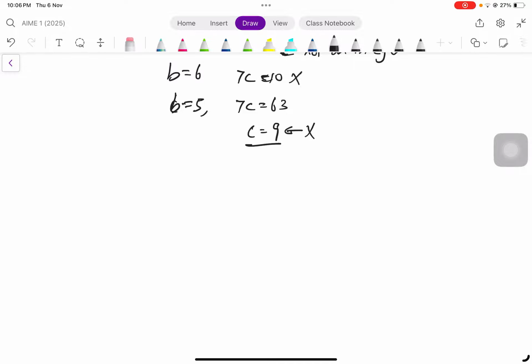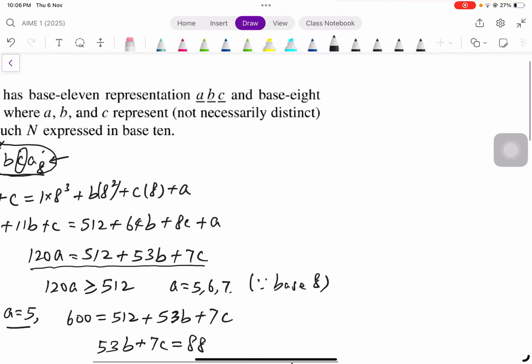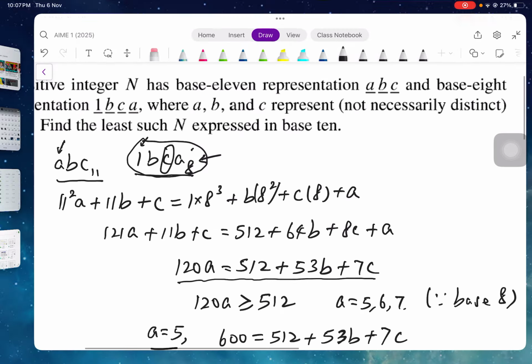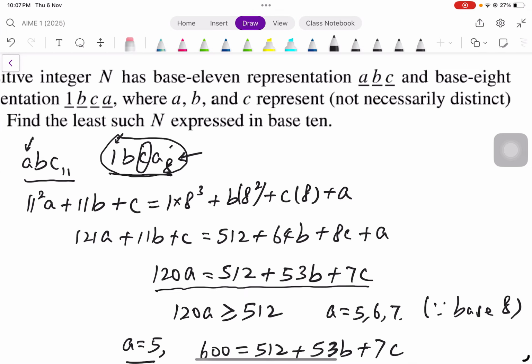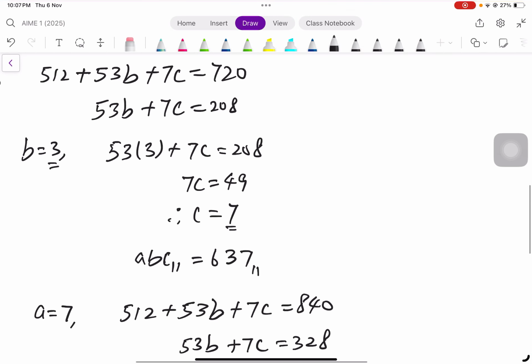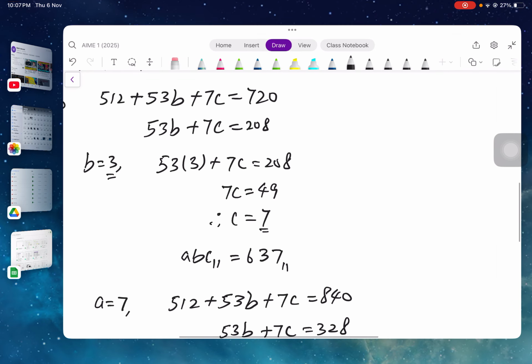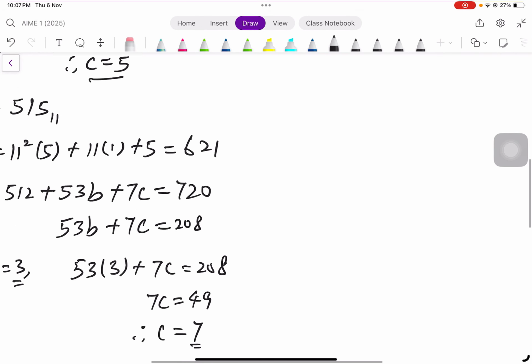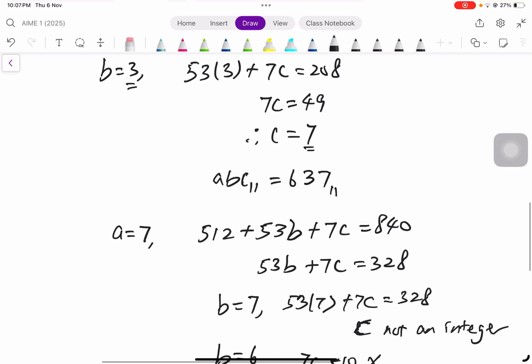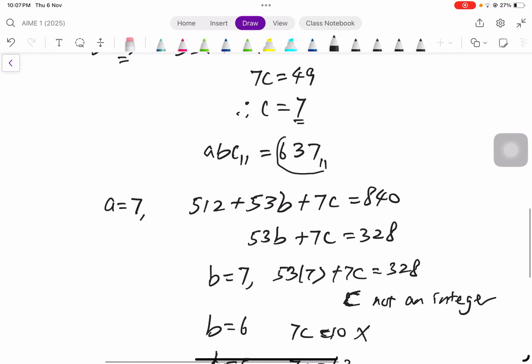Now what we are looking for is the least such n. It's very clear cut that the first answer is the smallest, because the first answer we got is 515 base 11, but the second answer is 637 base 11.